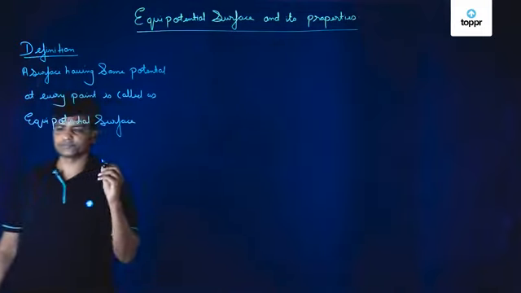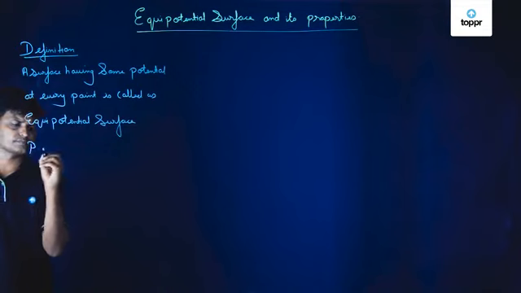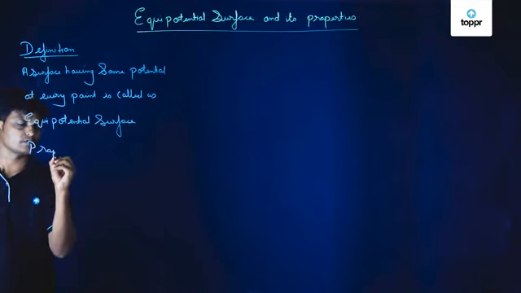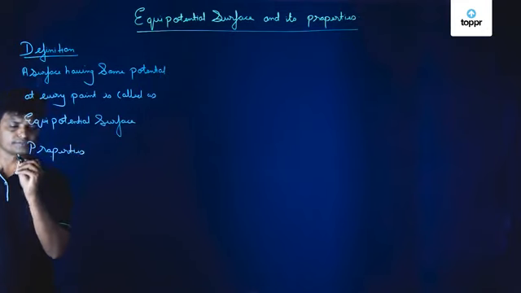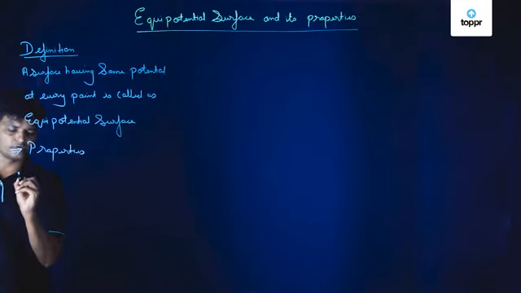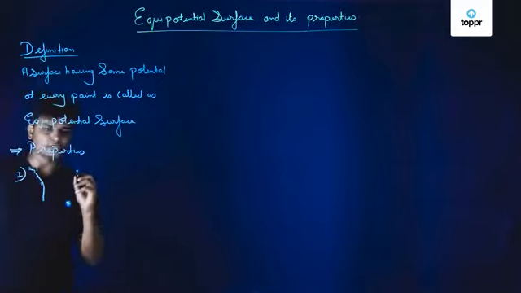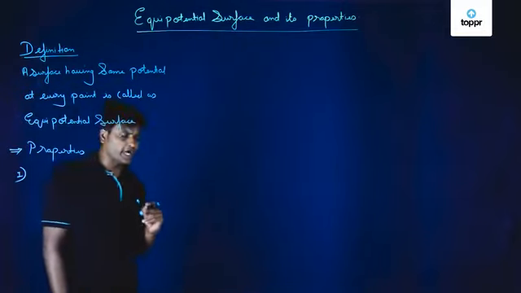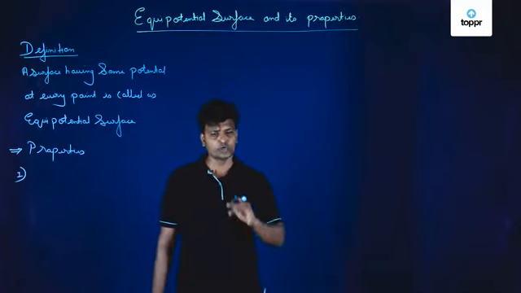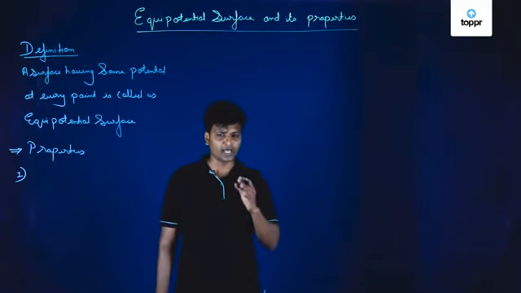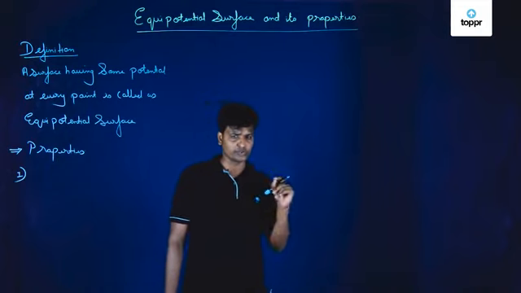First property is that if the charge moves on equipotential surface, no work is done when the charge is moving on the equipotential surface.